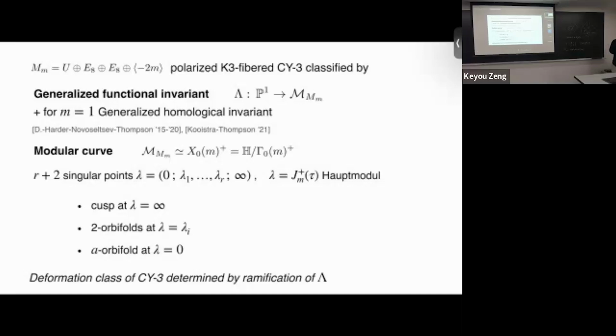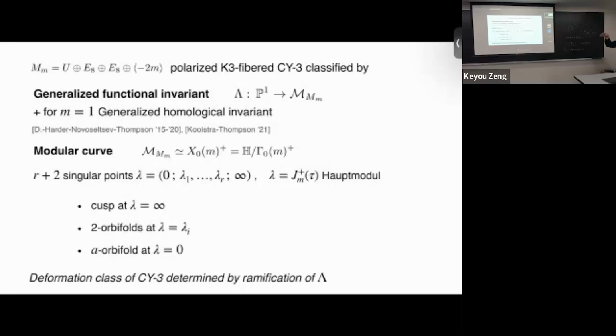So after going through all that, which can be succinctly represented using representation theory as relating a 3x3 matrix to a 2x2 matrix in a very nice way, the 3x3 matrix having integer entries, the 2x2 matrix having some square roots, gives you this X naught of m plus. Okay, so it's the upper half plane quotiented by gamma naught of m plus. Gamma naught of m is what you think.